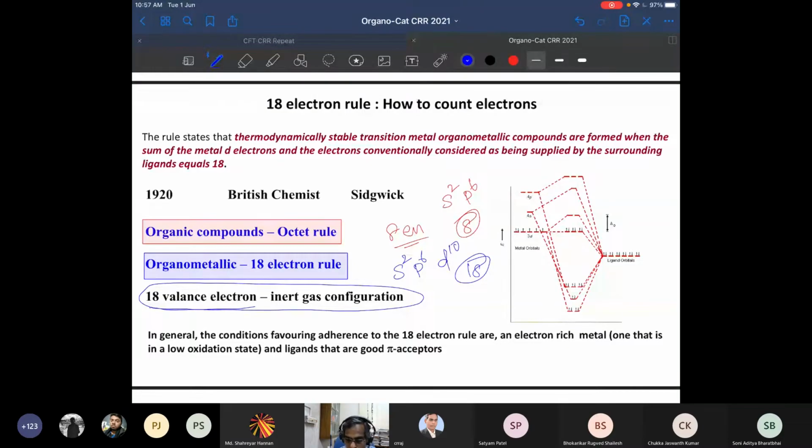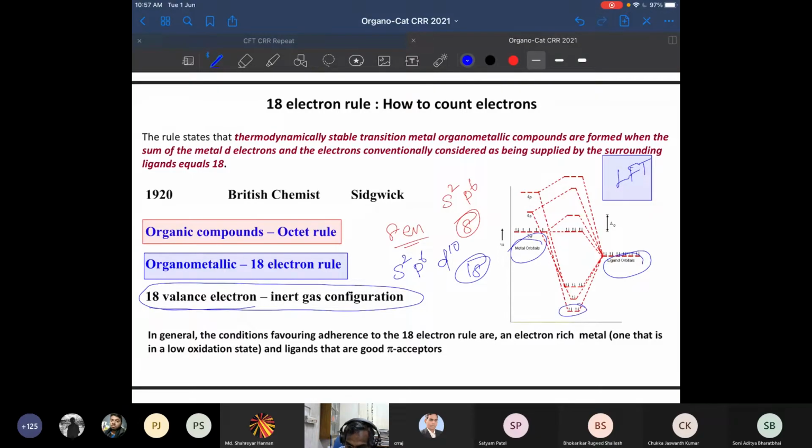On the right hand side, I have shown one MO diagram. If you count the number of electrons, this is based on LFT, which is a modified MO theory, that is, ligand field theory. We have the ligand group orbitals and the metal orbitals. We are not going to talk about any bonding, just to show you counting the electrons.